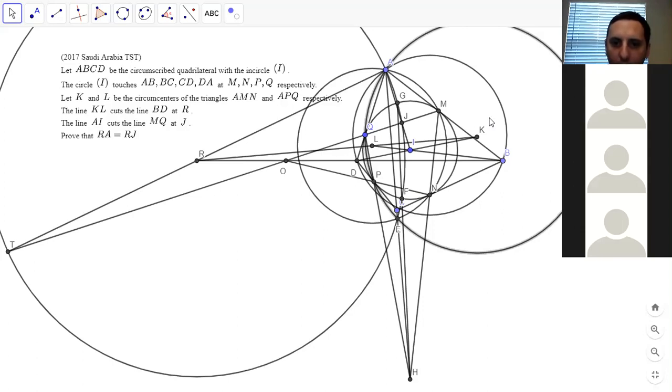Yeah, because DI is the perpendicular bisector of PQ, and K, yeah. I like that. I think that has to be useful somehow.